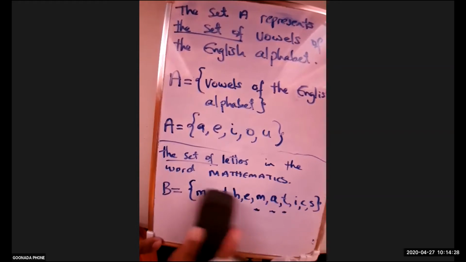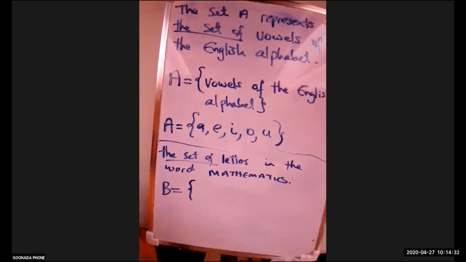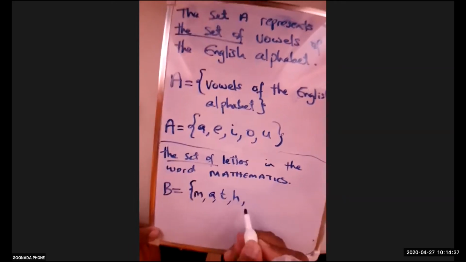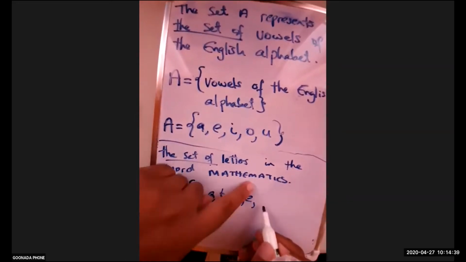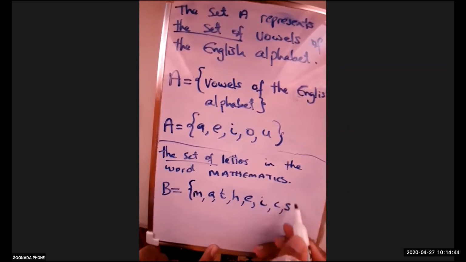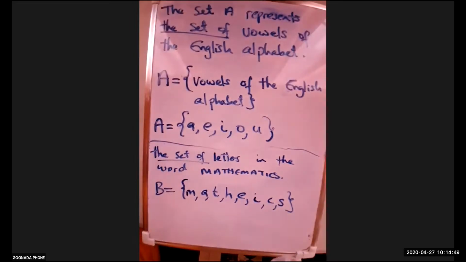Okay, so let's redo this question then, this particular one. So it will now be M, A, T, H, E. You can't put back an M, you can't put back an A, you can't put back a T. So I, C, S, correct. So this is our answer. Everybody good? Yes, sir. All right.